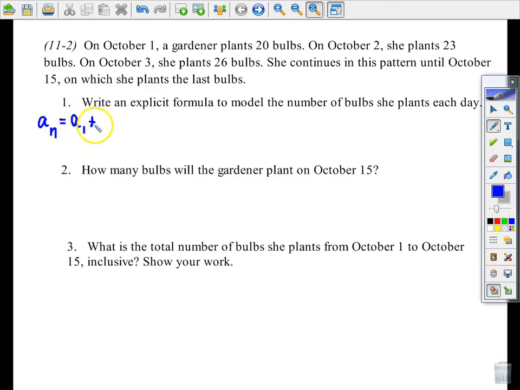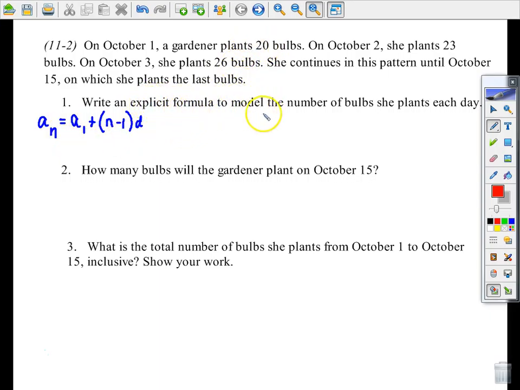That's easy to remember if you remember that arithmetic involves adding the same number each time. Then in the parentheses, we have n, whatever term we're looking for, minus 1, times the common difference.